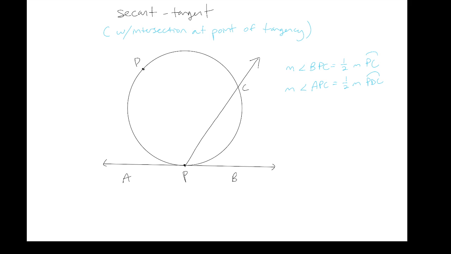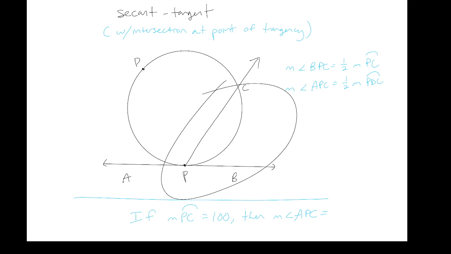So, fun question here. Hypothetically, if I had the measure of arc PC equal to 100, then what is the measurement of angle APC? Now remember, APC is the obtuse angle. PC has a relationship here with the acute angle, which is BPC.